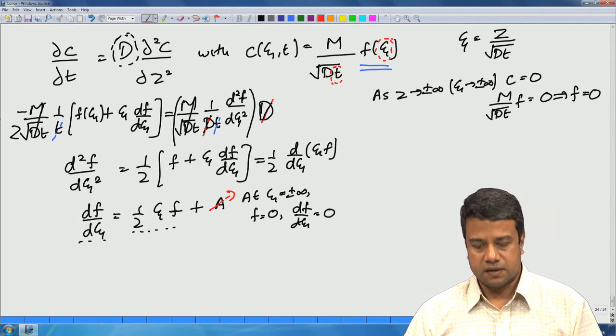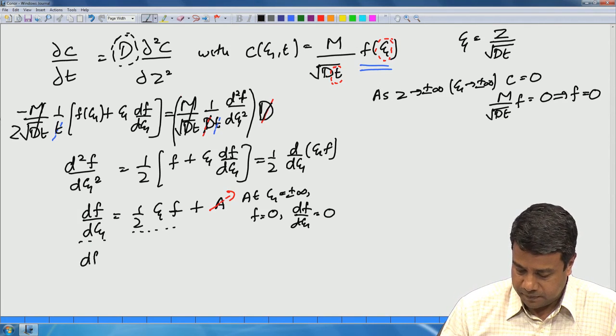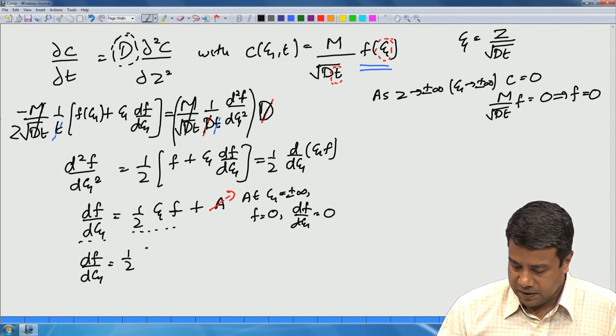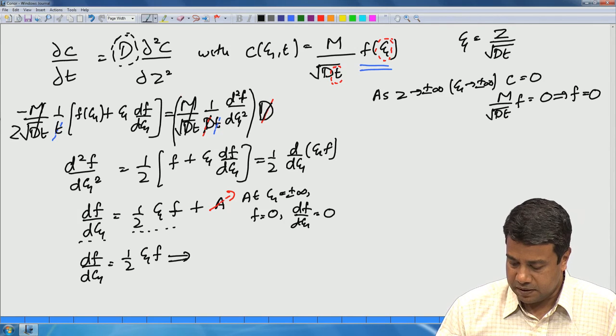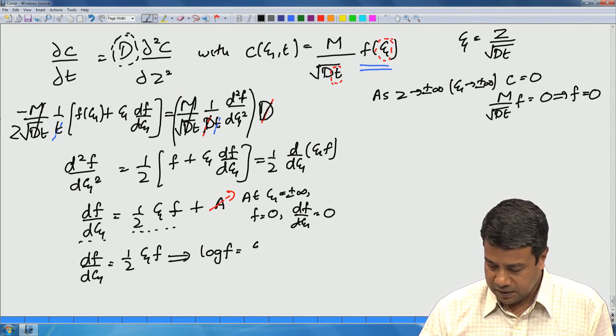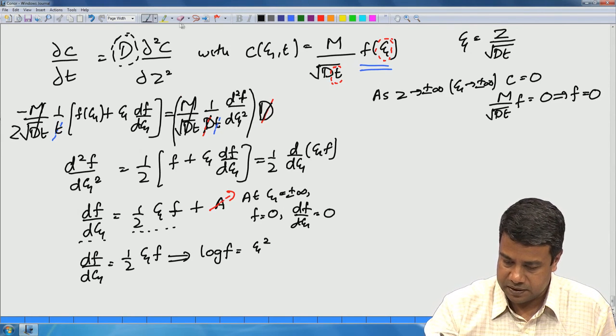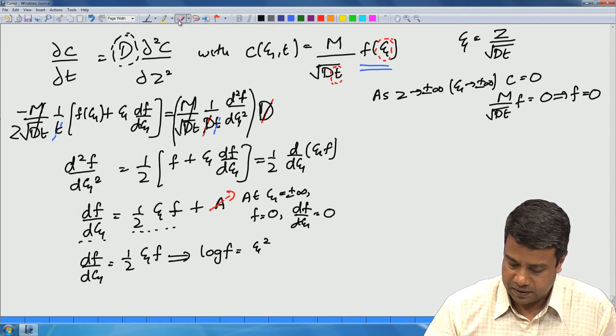Therefore, you can now integrate this once again. Psi f, which implies that log f is equal to psi square. I have missed a negative sign here, my apologies.